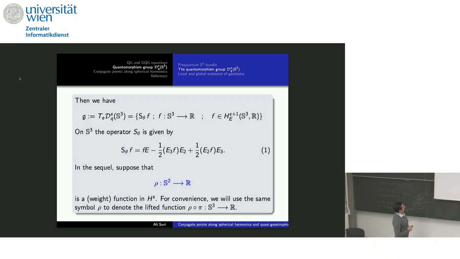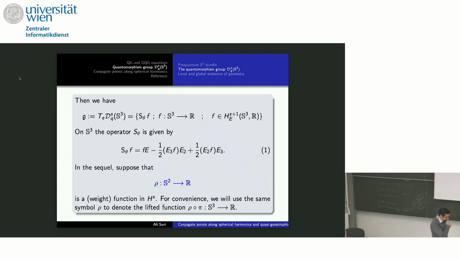Let's denote the tangent space at the identity of this Lie group by curly G. The elements of this Lie algebra can be obtained using a stream function and some operator called S theta, which depends on theta and E. On a sphere, it is explicitly given by this one. It differentiates in the directions of E2 and E3, and so this is E-invariant.